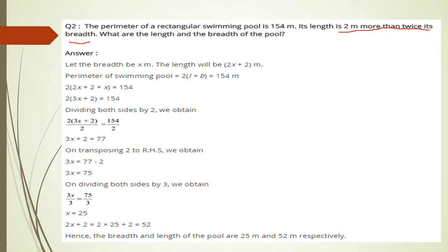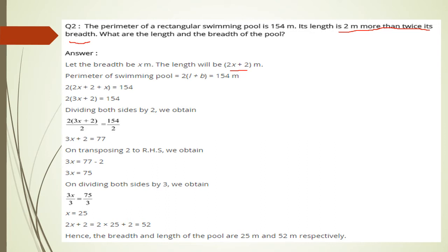I hope you understood how we get the 2x plus 2. Once again, children, let us consider the breadth as x meters. Then the length will be 2 times the breadth, that means 2x, plus 2 meters more, so plus 2 meters. So the length will be 2x plus 2 meters.